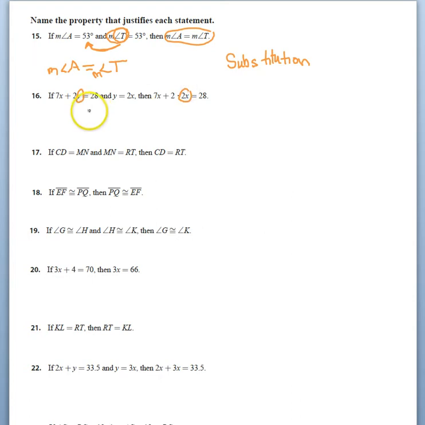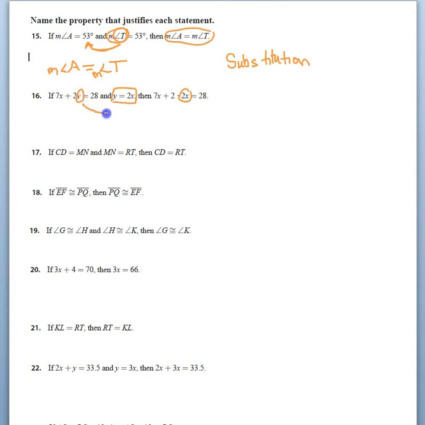So the 7x plus 2 is the same, and 28 is on the right side of the equal sign. But what they did, instead of y, is put in 2x. And the reason that you can do that is because this is true.